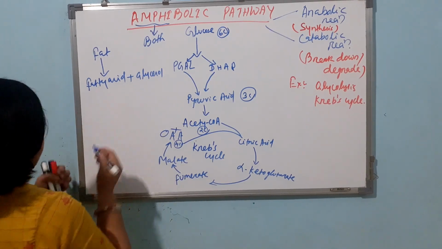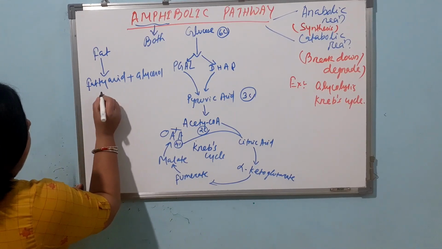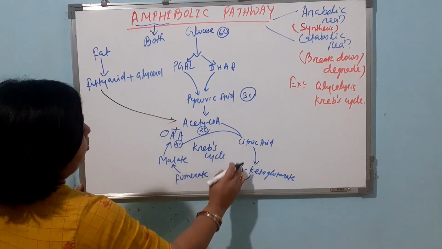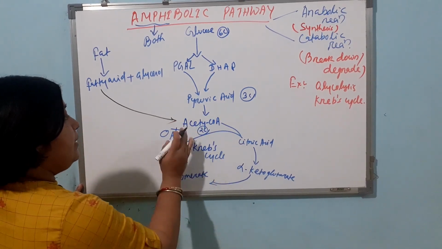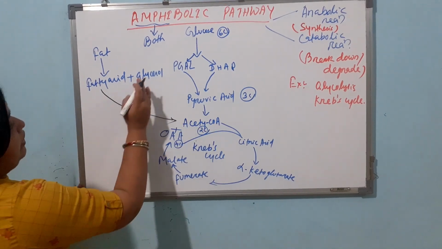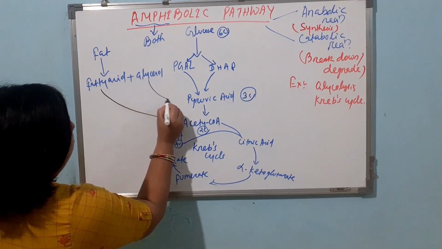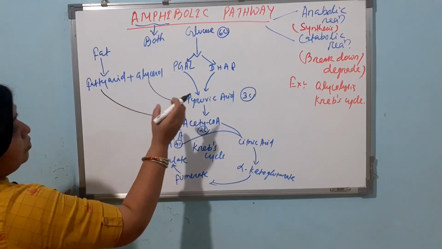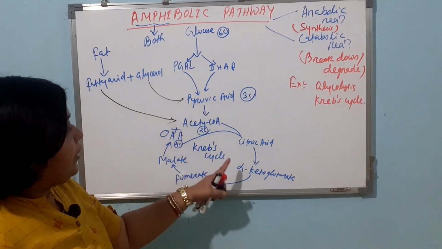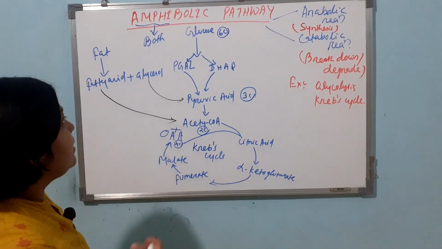Then this fatty acid will convert into acetyl coenzyme A. Then it will continue in the Krebs cycle in the form of acetyl coenzyme A. If we go for glycerol, it will convert into pyruvic acid. Then in this pyruvic acid form, it will continue this respiratory pathway.